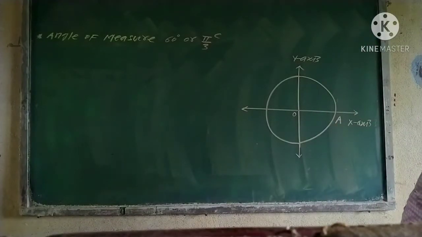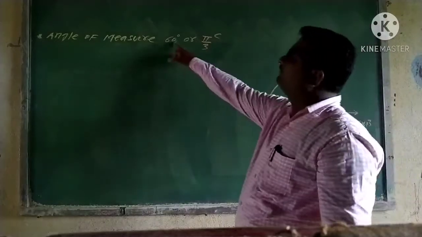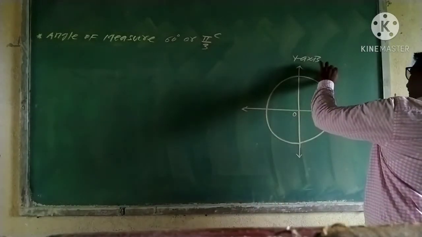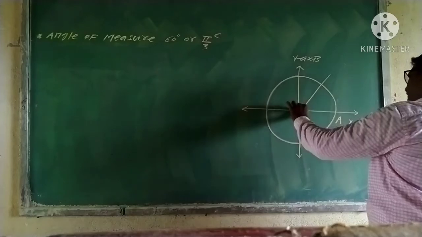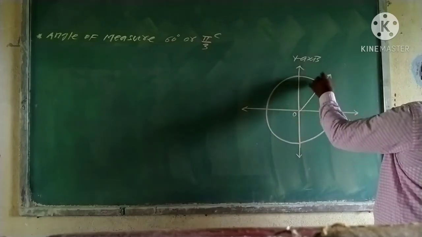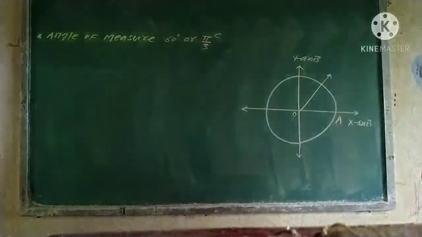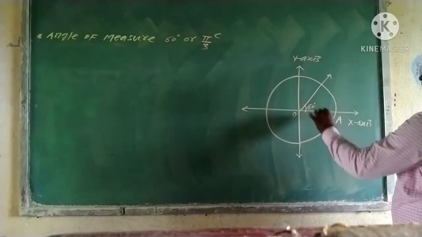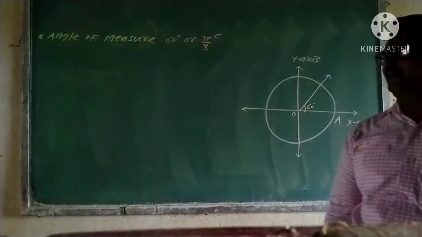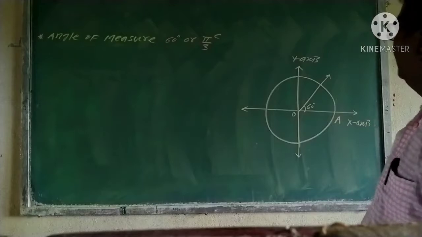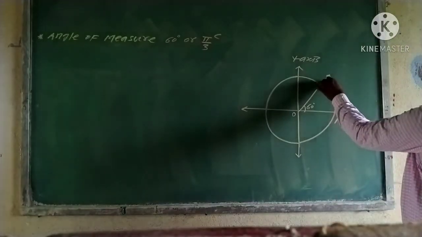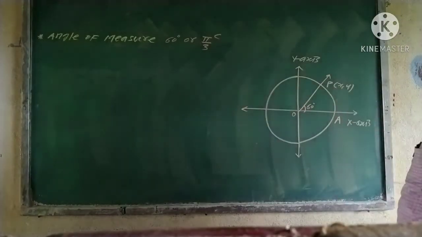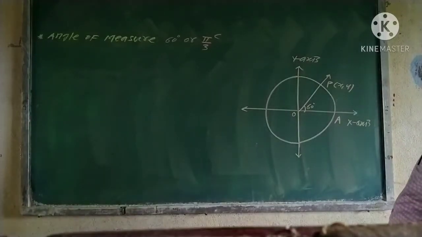Now here we have to find the measure of 60 degree. We draw a ray OP making an angle of 60 degree with the positive direction of x-axis. We consider this point as P, having coordinates x, y. The process is the same.